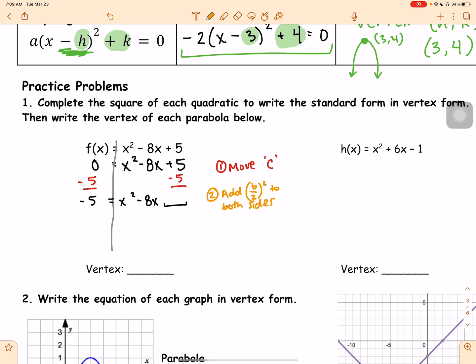Now our b is -8. Divide that by 2 and square it. -4 squared is going to be 16. I'm going to move this down here just because my other problem is up there.